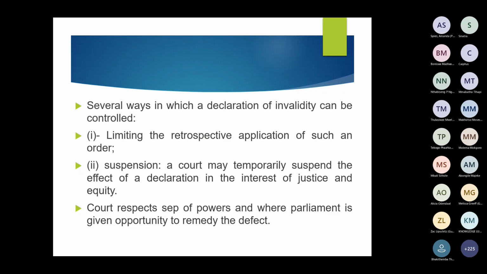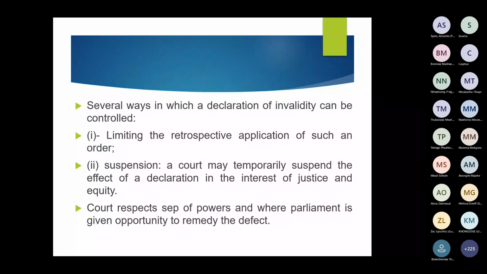Suspension: often when legislation is declared invalid, the court suspends the declaration of invalidity, basically to respect the separation of powers. So it will often declare a piece of legislation unconstitutional, which is your first remedy, the declaration of invalidity, and then it will give Parliament usually about 24 months to correct the relevant defect.